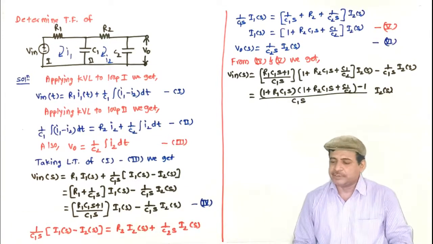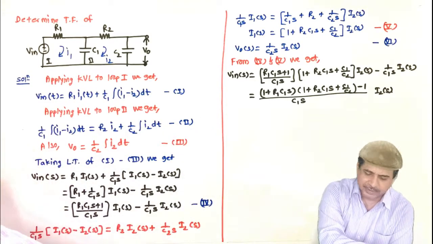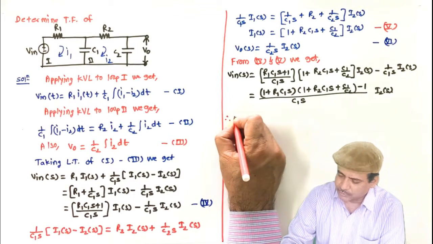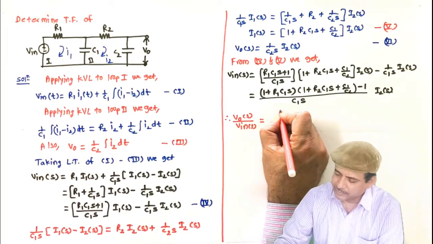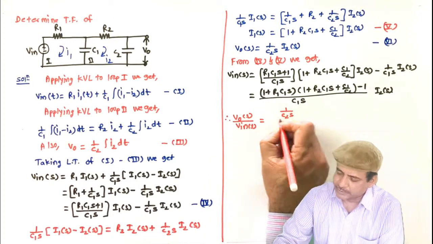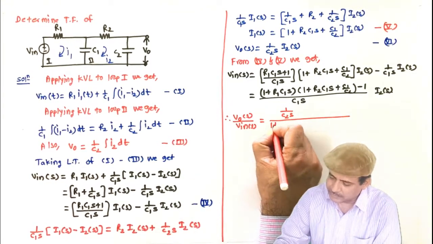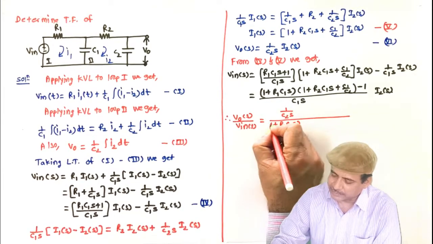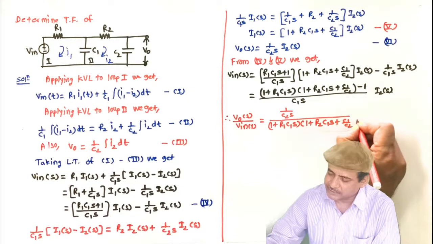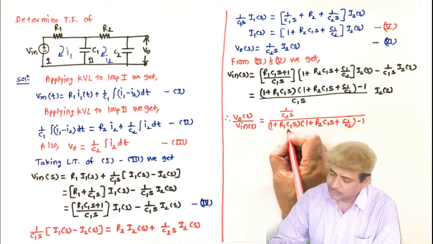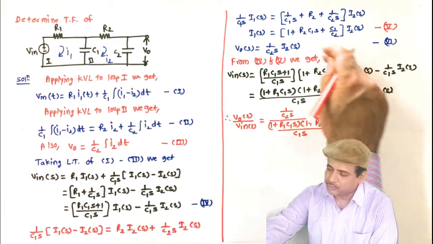And now we can take the division. Let us take the division and then simplify it. So V output of s by V in of s will be 1 by C2s divided by 1 plus R1 C1s into 1 plus R2 C1s plus C1 by C2 minus 1, whole divided by C1s, and I2 gets cancelled.